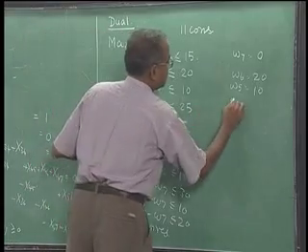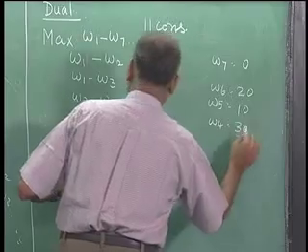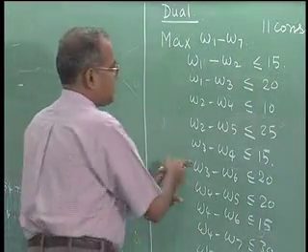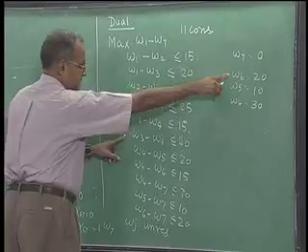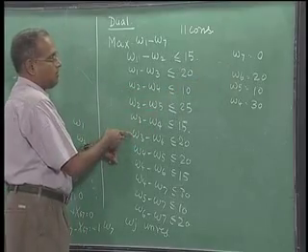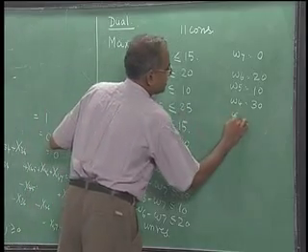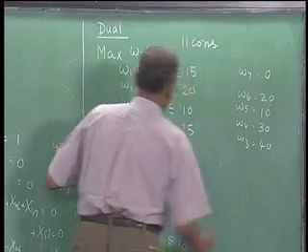So, we write W4 is equal to 30. Now, from this we get W3 less than or equal to 40, W3 less than or equal to 45. So, you get W3 is 40.